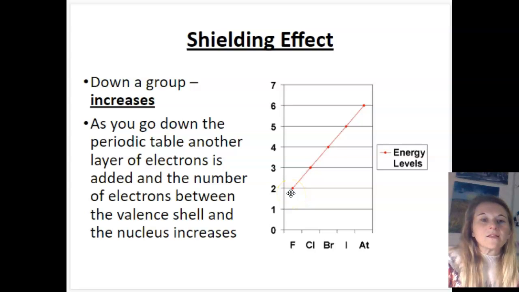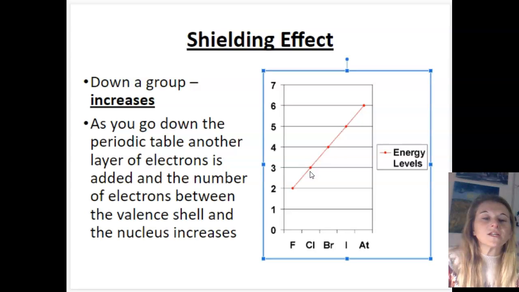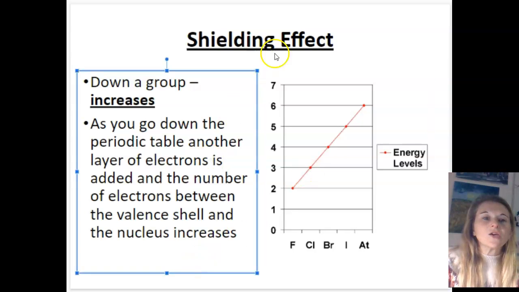Fluorine is at level 2, chlorine's at level 3, bromine's at level 4, and so on. We can see this if we look at the periodic table: each of these adds valence electrons at higher energy levels, so the shielding effect is increasing.